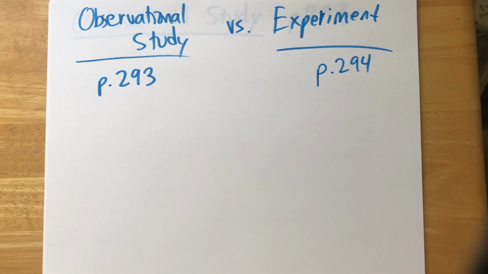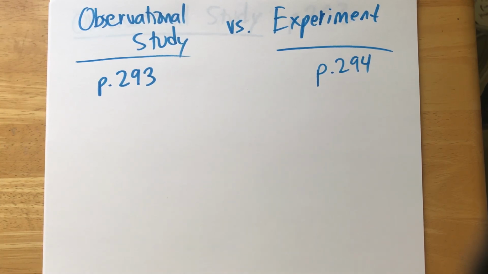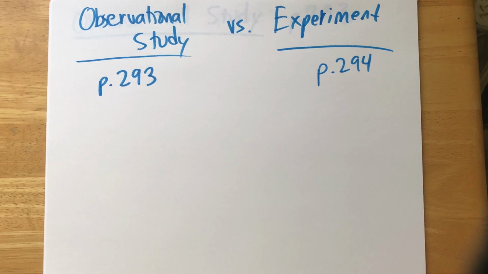So an observational study, we're looking on page 293, is where the researchers or the statisticians or you don't assign anything, you're just simply observing and watching. You know, back in the old days you would have a clipboard, probably wearing a white coat and just writing down information. Okay, you're simply observing.